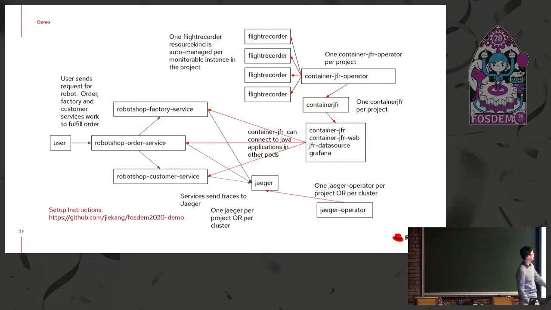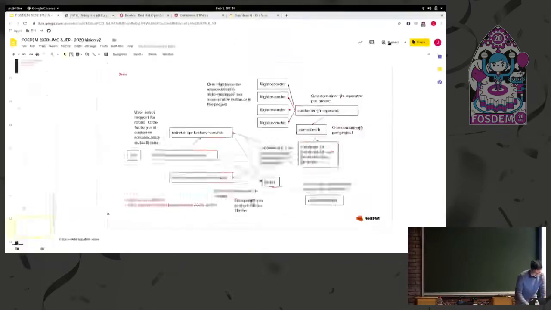And so you'll see as well, it's more of an implementation detail, but the operator will be running flight recorder instance resources per application in the project, which is used for management purposes. It's not too important. So yeah, we can jump into the demo.